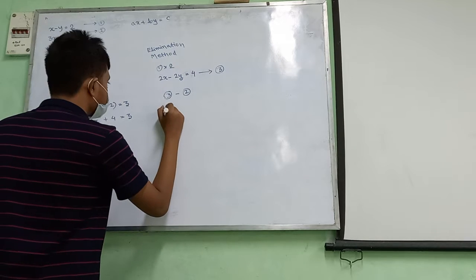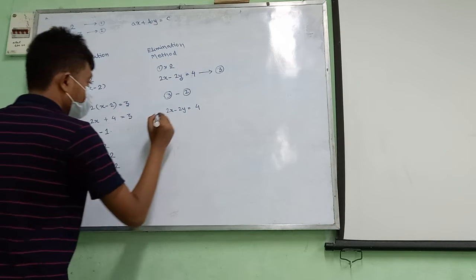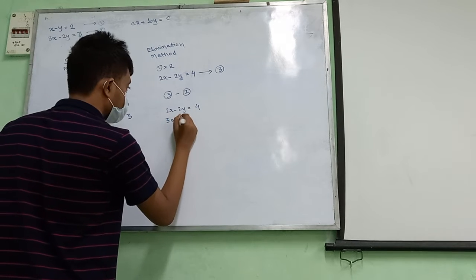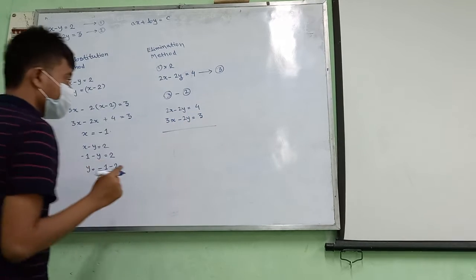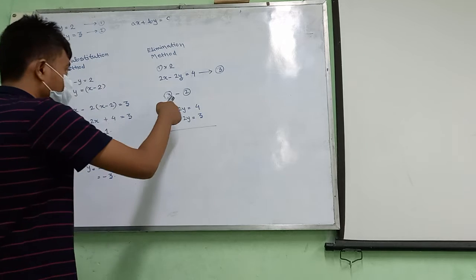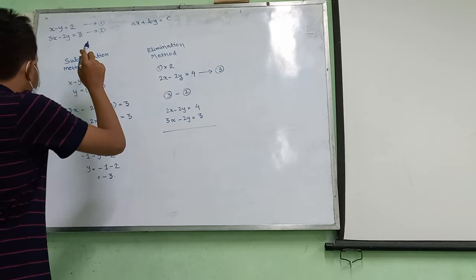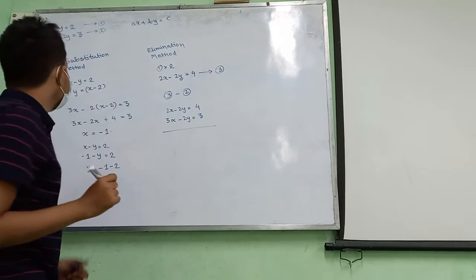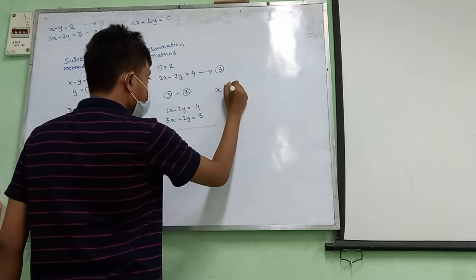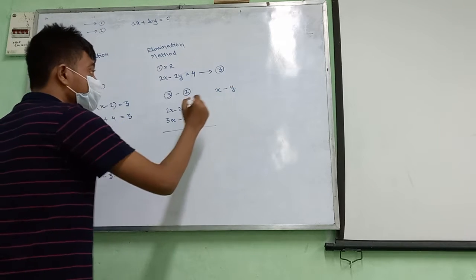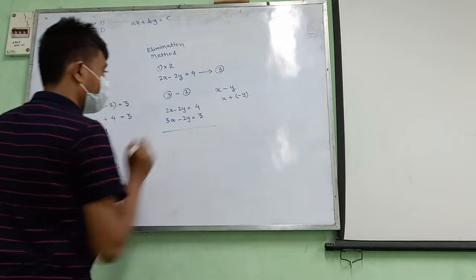Anyway, so now 2x minus 2y equals minus 4, and the other equation is x minus 2y equals 3. The law of subtraction says that because there is a minus, all the terms in the second equation will have their signs changed, right? For example, x minus y can also be written as x plus minus y, right?